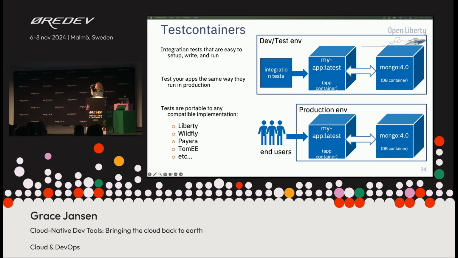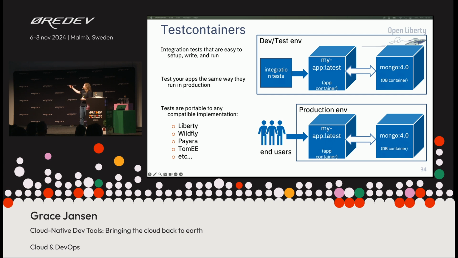Here's an example architecturally of what it's trying to achieve. The benefit of having containers running locally on your machine for testing purposes is that when you're doing things like integration testing, it's actually testing it in a way that it would be behaving in production.